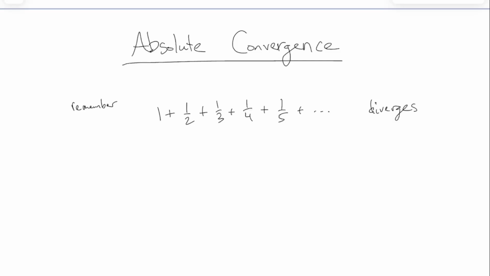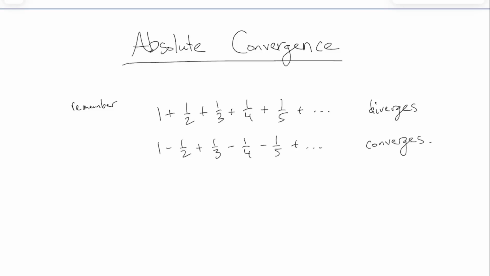It diverges. But if you alternate the signs, this is something that we talked about today, this one converges. All right? They are the same numbers. The only difference is with the signs in front of them. So the second one converges.